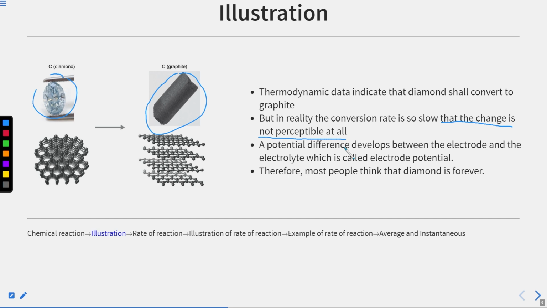How are we predicting this? Yes, this conversion is happening, and spontaneously, by thermodynamics. But since it is happening so slowly, which is predicted by chemical kinetics, we cannot observe it. So both of our observations are justified by thermodynamics plus chemical kinetics.